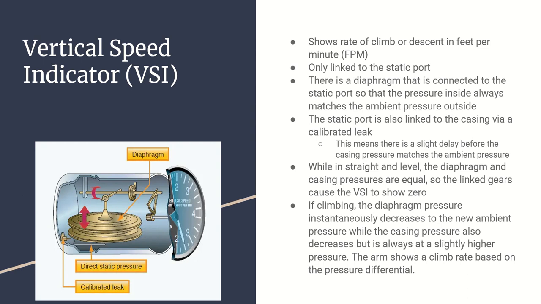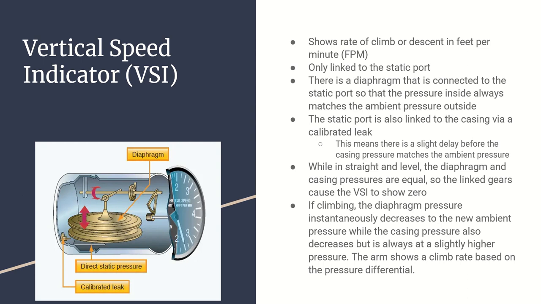So with that in mind, now we can piece together how this VSI works and shows us our rate of climb or descent. If we are climbing, we know that the ambient pressure decreases. So the pressure that enters both the calibrated leak area that goes to the casing and the direct connection to the diaphragm, both those pressures are decreasing.